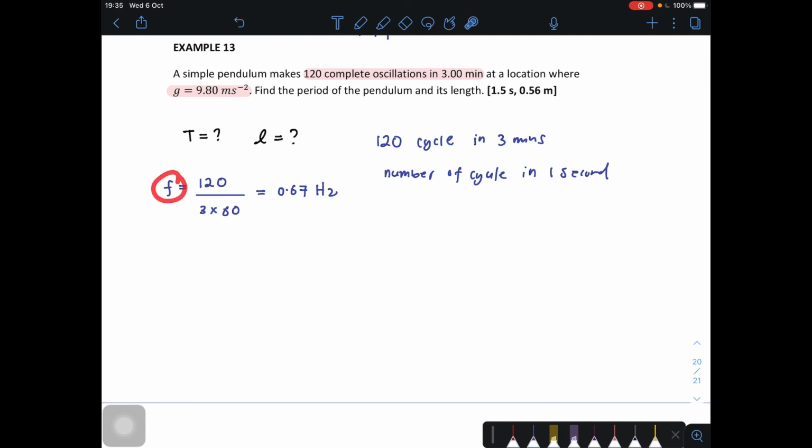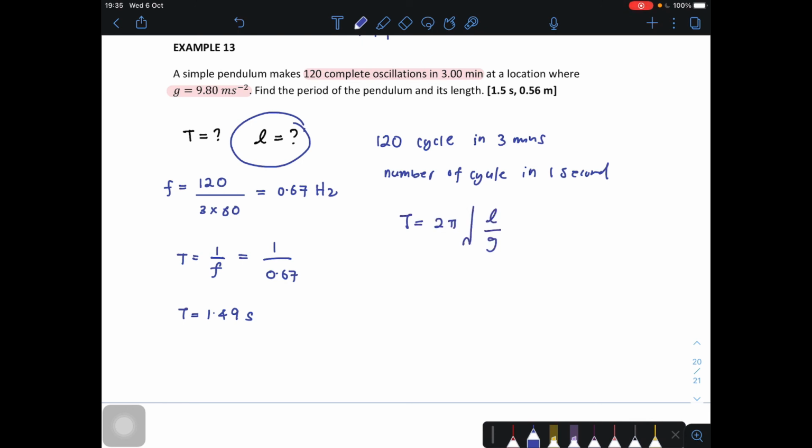Okay, so now we have the value for f, so we can find the value for T, where T is equal to 1 over f. So you will get T is equal to 1.49 second. And then we need to find the value for L. So write out the formula for T, which is 2 pi square root of L divided by g.